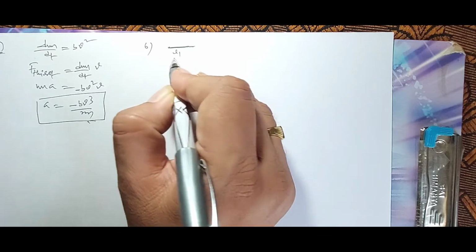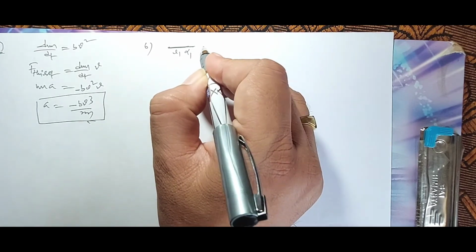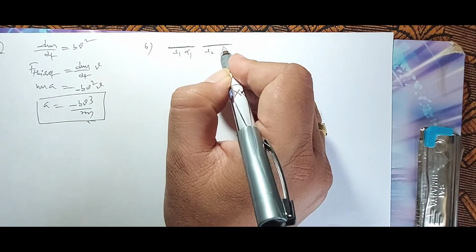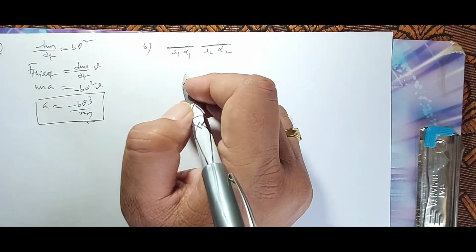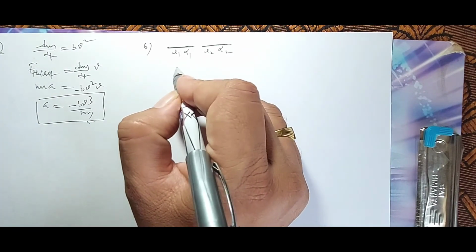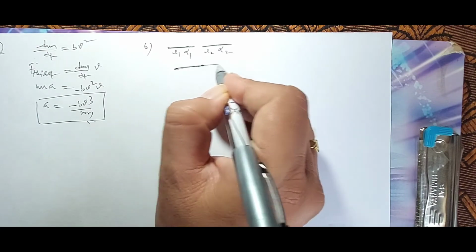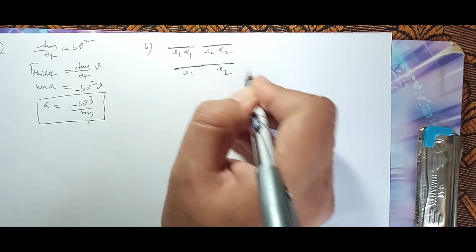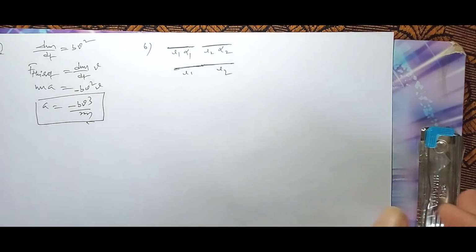The first wire has length L1 and coefficient of linear expansion alpha 1, and the second wire has length L2 and coefficient alpha 2. These are joined end to end. Now, we want to find the effective coefficient of linear expansion.